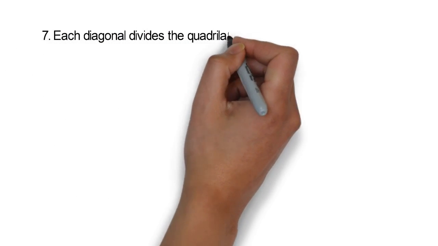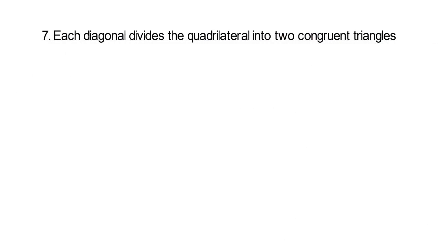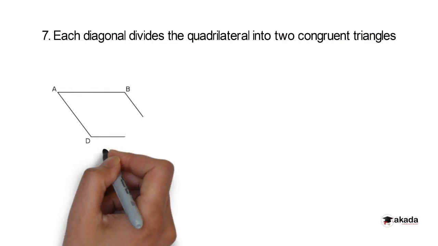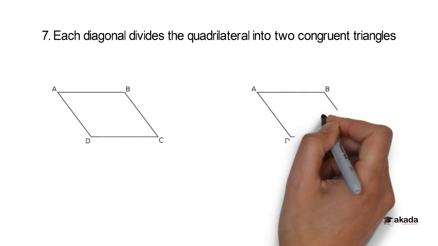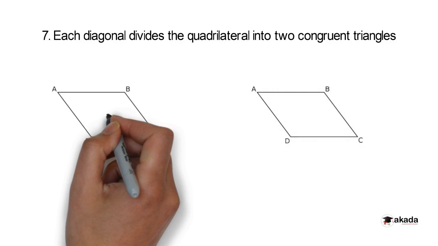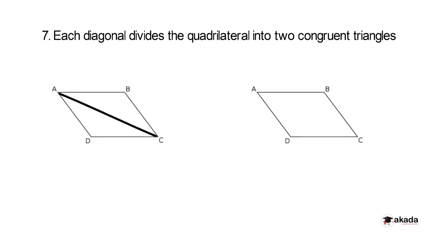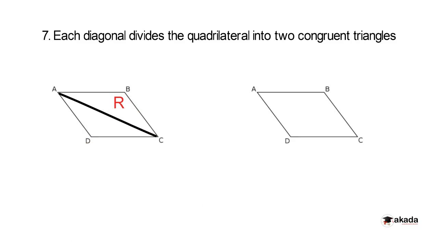Can you see that? So the last property now is each diagonal divides the quadrilateral into 2 congruent triangles. What do I mean by this? The word congruent means equal. So each diagonal divides the quadrilateral into 2 equal triangles. So if I have my line drawn across the parallelogram, can you see? Good. So I have 2 triangles now.